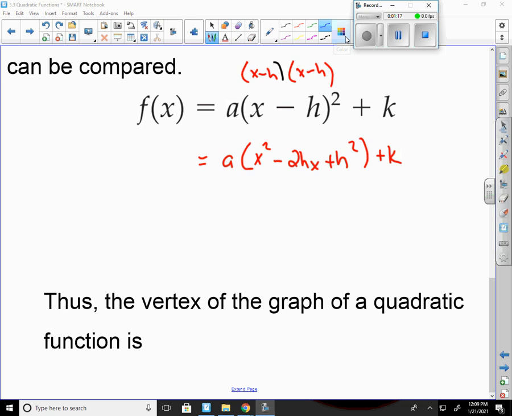Okay, so now we have to multiply a by each of these terms. So I have to distribute the a to each one. That gives me ax squared minus 2ahx plus ah squared plus k.